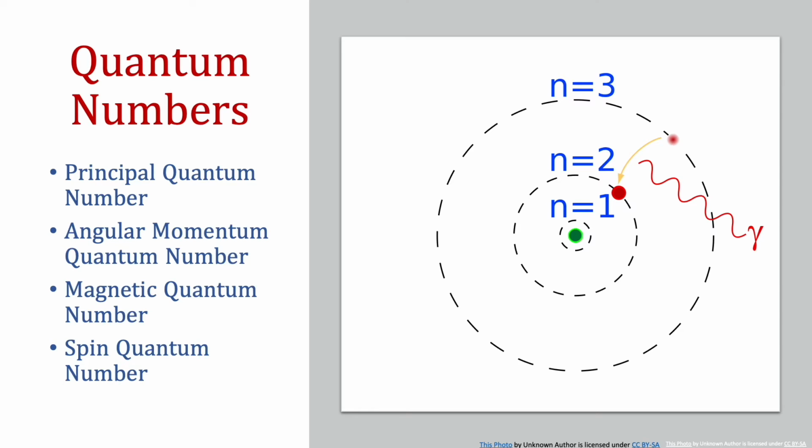This is the main energy level or the shell that electrons occupy in an atom. As n increases, the orbit becomes larger in size, so the electron movement spreads across a wide area and they have to spend less time near the nucleus.